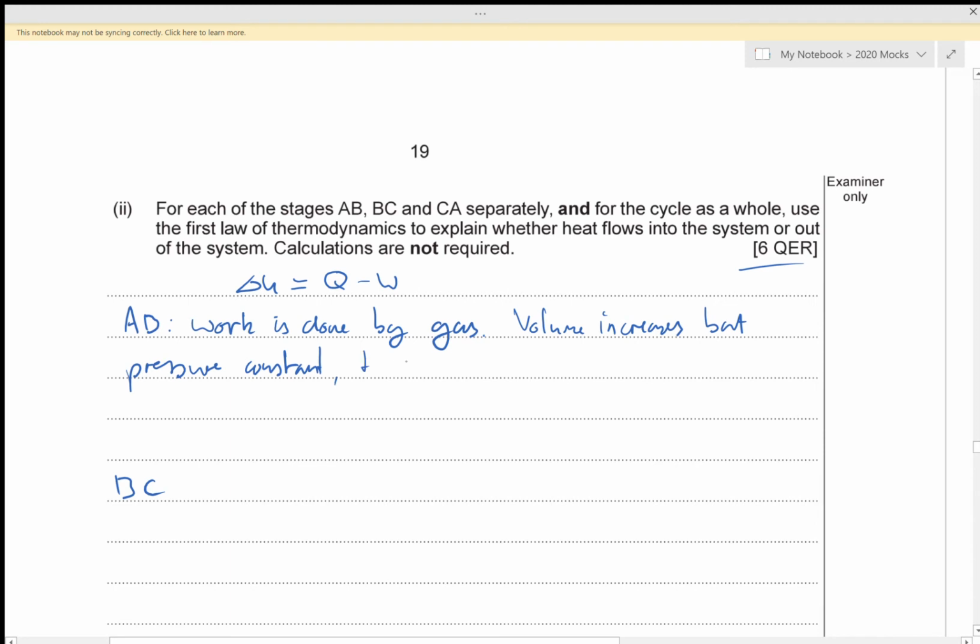Therefore, internal energy increases, since U is equal to 3/2 nRT, equals 3/2 PV.